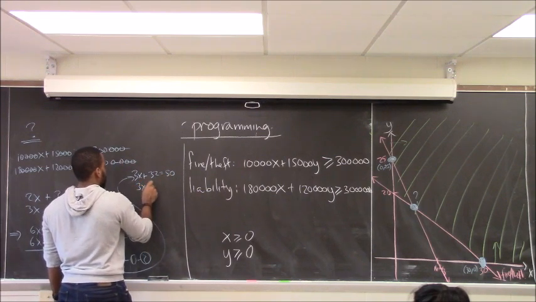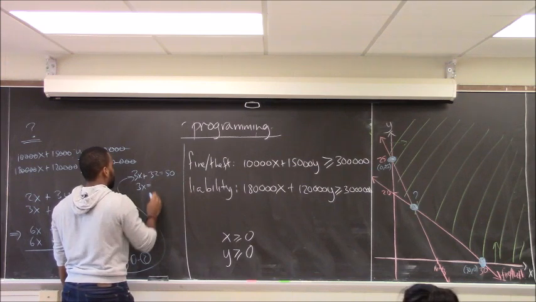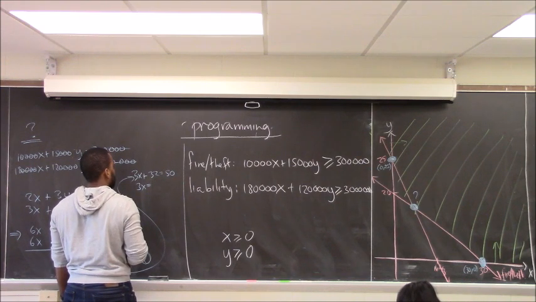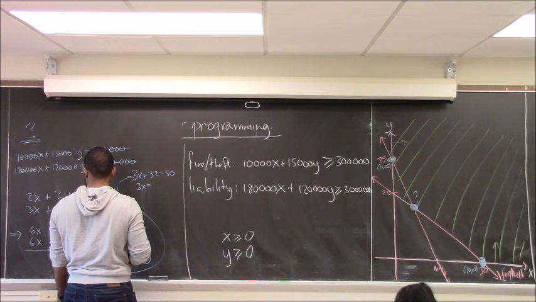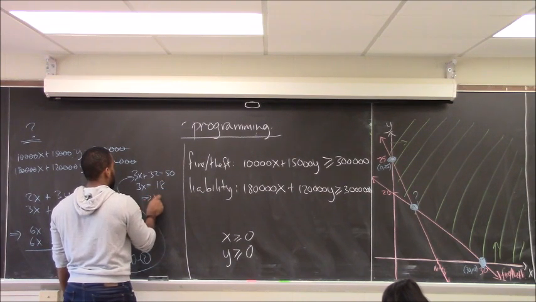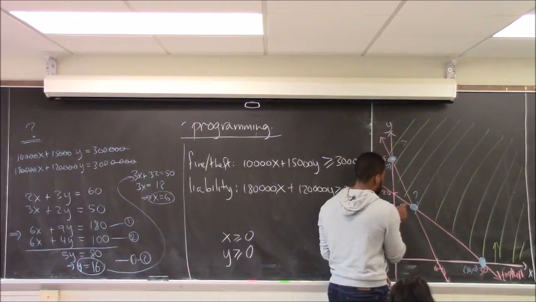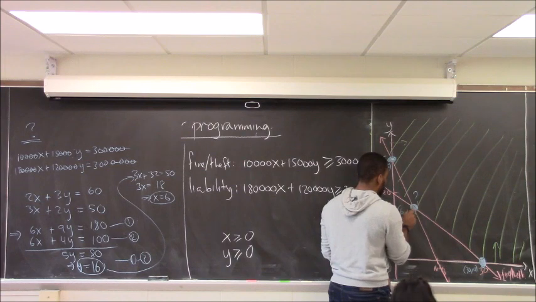So 3x is going to be 50 minus 32, which is going to be what? 18. So that means your x is 6. So this coordinate here is actually 6, 16.